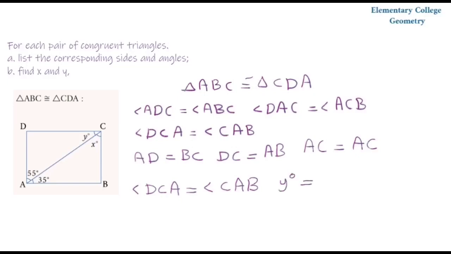and the angle of CAB equals 35 degree. So the angle of Y equals 35 degree, and the angle of DAC equals the angle of ACB.